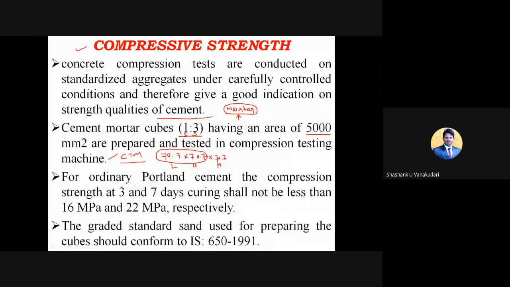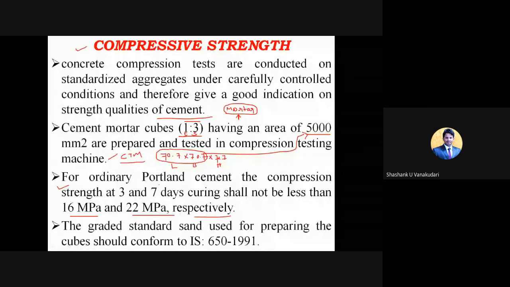So this gives 5000 mm square. Okay, so within this particular mold having size 70.7 by 70.7, we need to fill the cement as well as sand mortar in proportion 1:3. Okay, so for ordinary Portland cement, the compressive strength at 3 and 7 days curing shall not be less than 16 MPa and 22 MPa respectively.